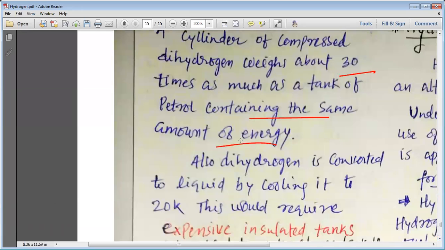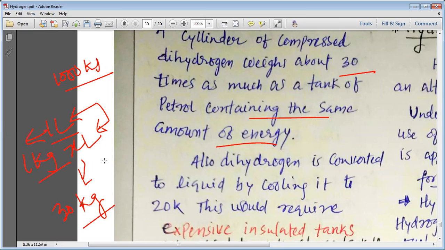So my dear students, if we want to get 1000 kilojoule of energy from hydrogen and 1000 kilojoule of energy from petrol, suppose we need 1 liter of petrol and X liter of hydrogen, then 1 liter of petrol we store in a tank, if it weighs 1 kg, then to store the X liter of hydrogen, we need at least a 30 kg tank for hydrogen.